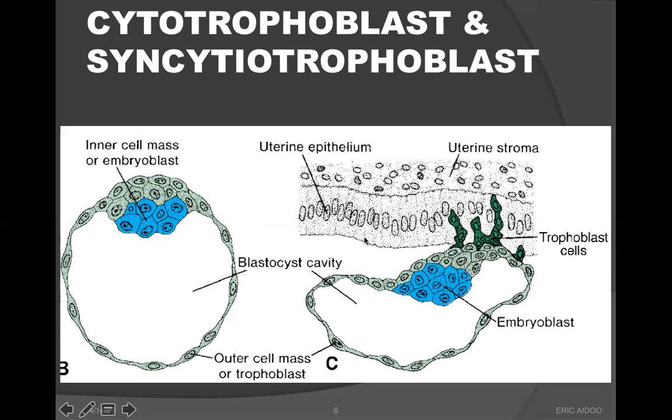All right, so that is what is ongoing, and the deep green is the syncytial trophoblast, which is a result of the trophoblastic cells differentiating and forming finger-like projections. They are multinucleated because there are a lot of nuclei within just one cytoplasm and cell membrane, unlike the cytotrophoblasts, which are uninucleated.